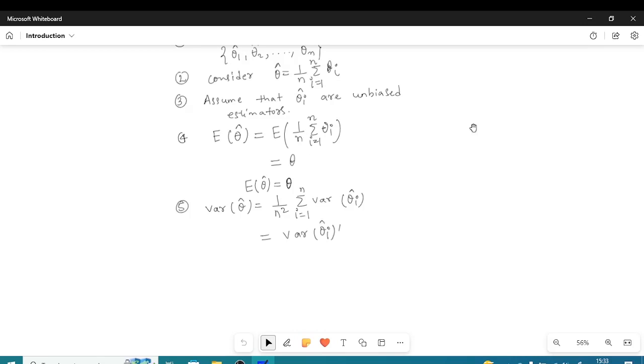So we observe that as we take a large number of estimators, n approaches infinity, theta hat approaches theta, and variance of theta hat approaches 0. That means we get a better estimator. But this is true for unbiased estimators.